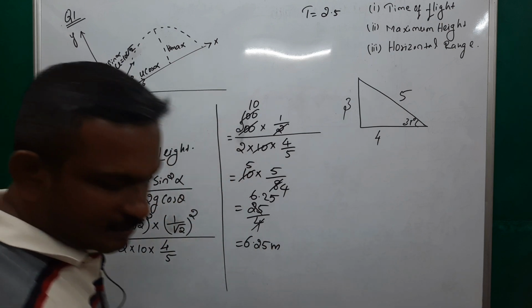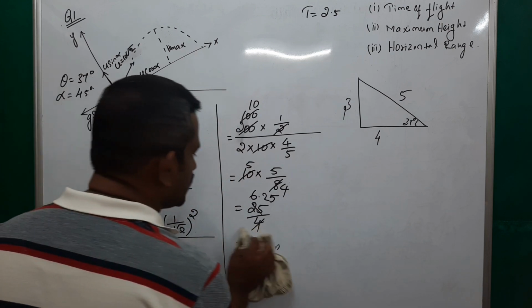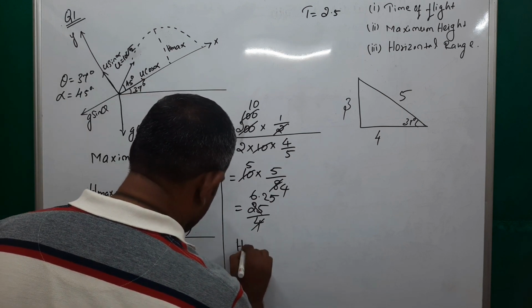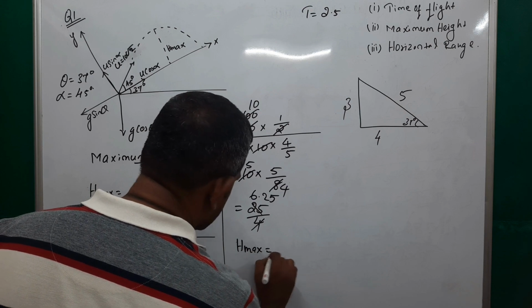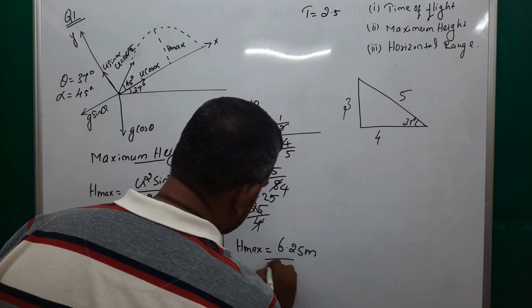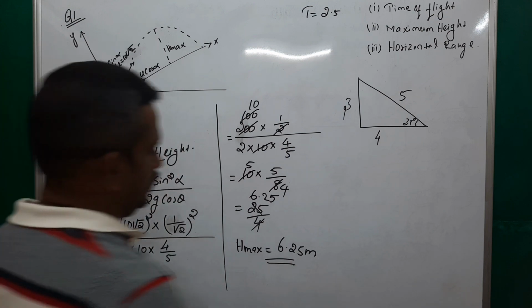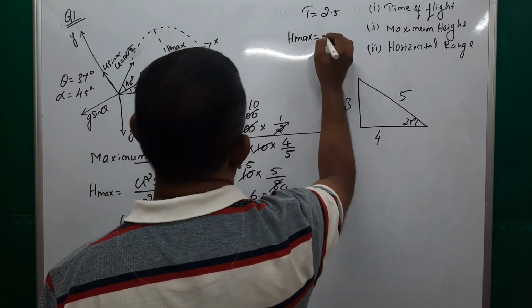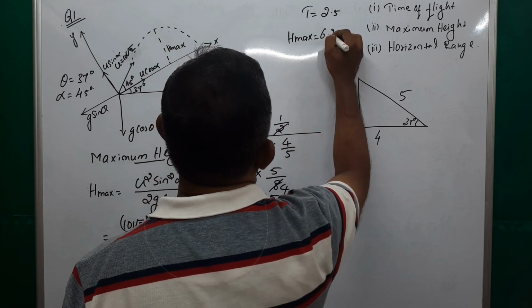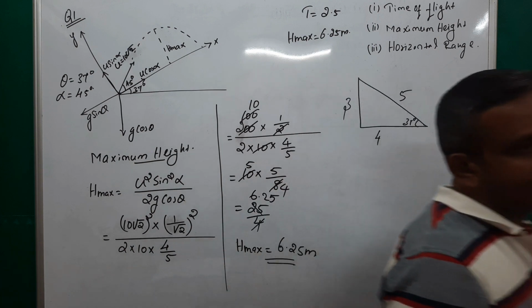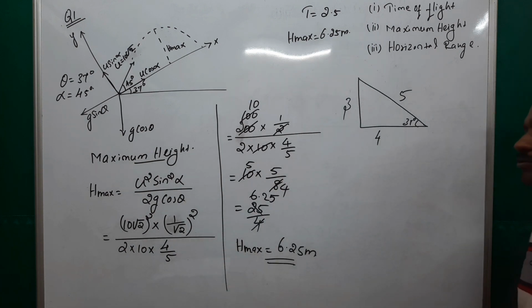So this is h, the maximum height. So h max is equal to 6.25 meter. Clear? So direct formula, direct substitution.